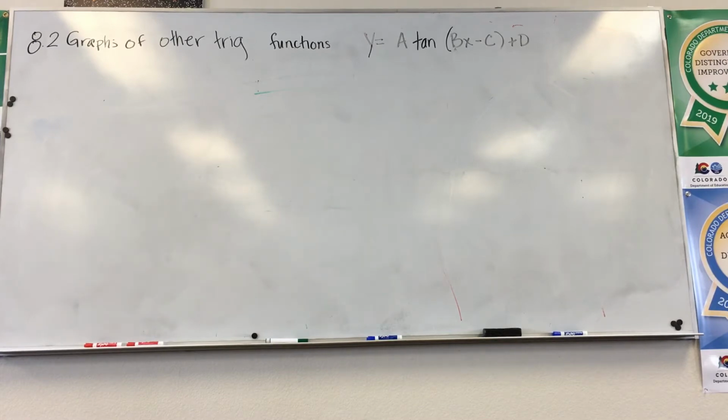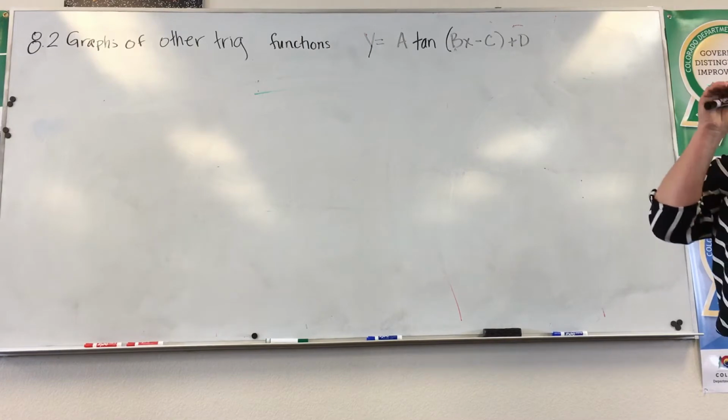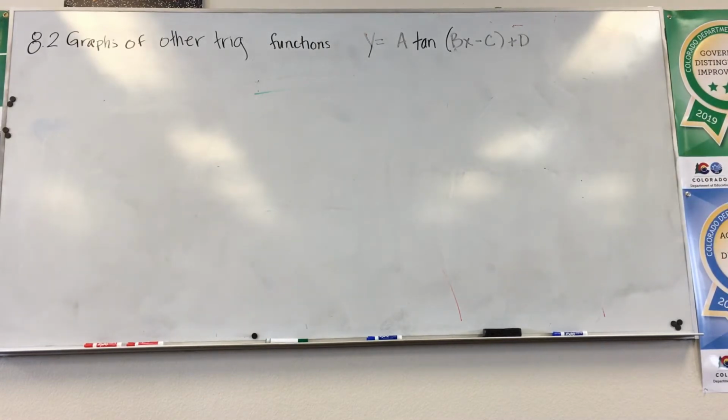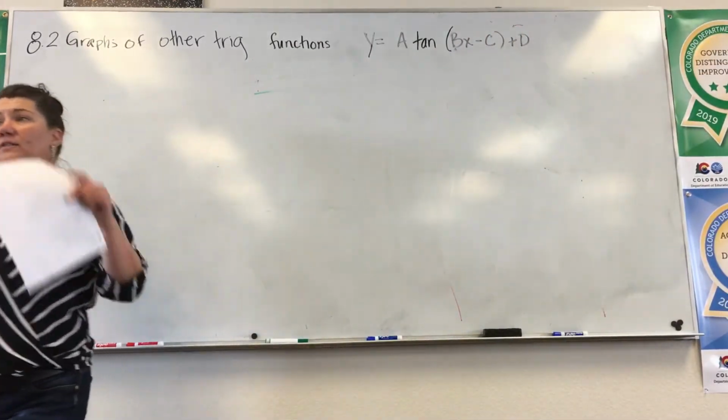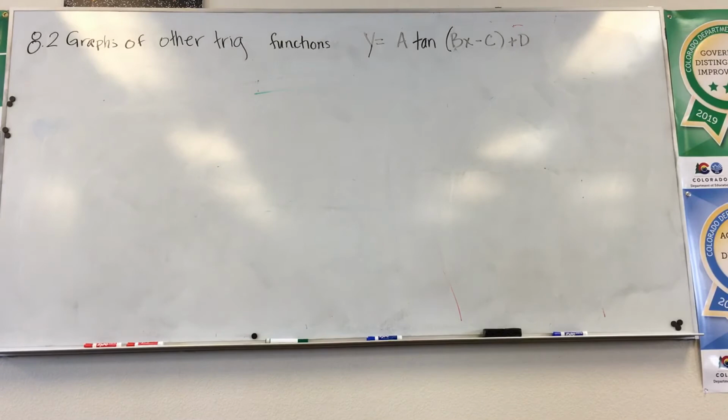Okay. So what was different? Do you remember what's different about the period of the tangent compared to the sine and the cosine? It's the asymptote. Yes, do you remember how big it is? Pi. So instead of 2 pi, the tangent has a shorter period. It's only pi. And the graph is centered at 0, 0.